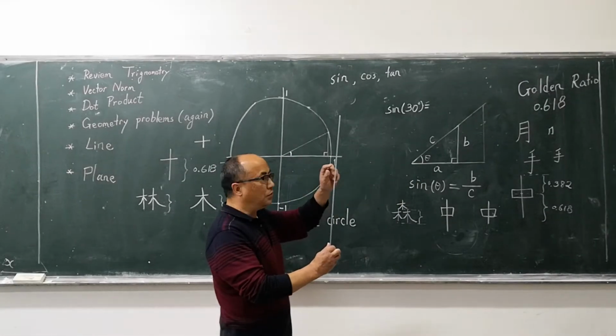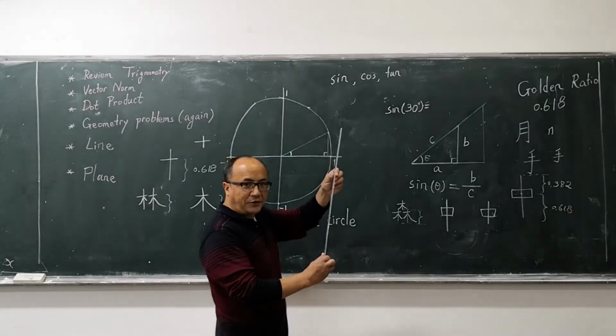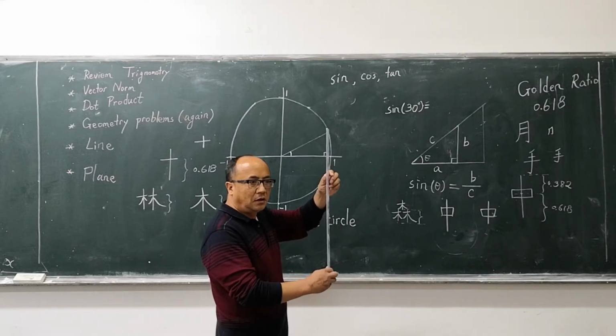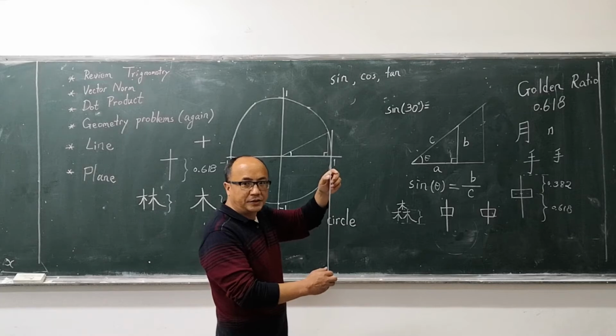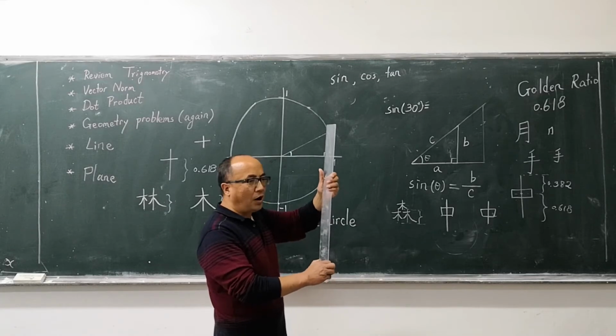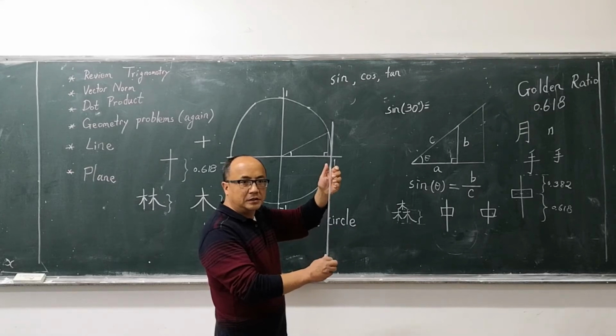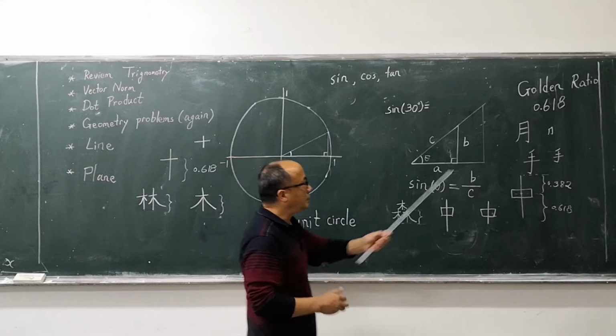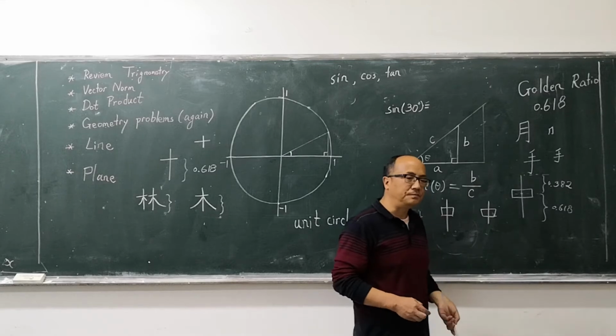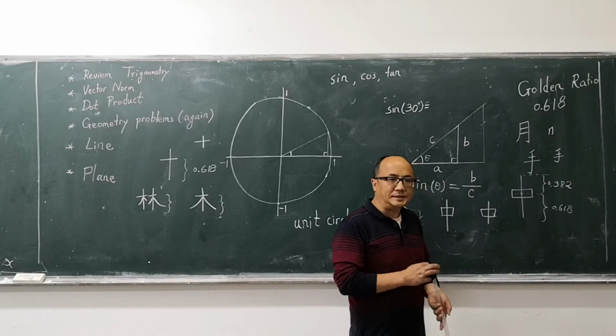So the ratio is very important. You guys are mechanical engineering. If a metal ball breaks, it will break at this ratio. It's amazing.